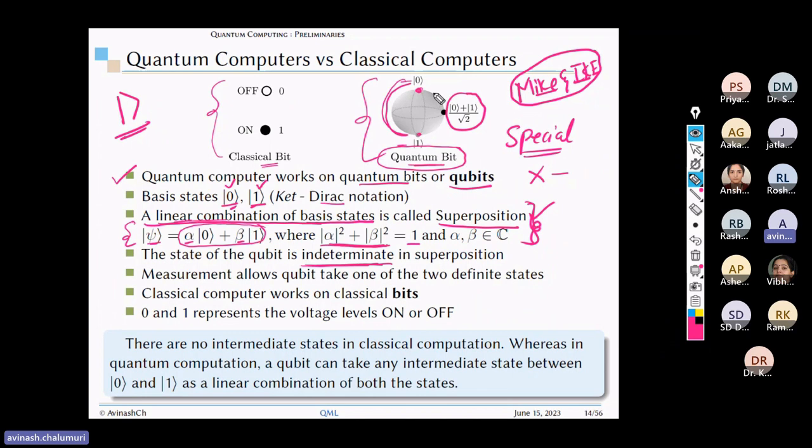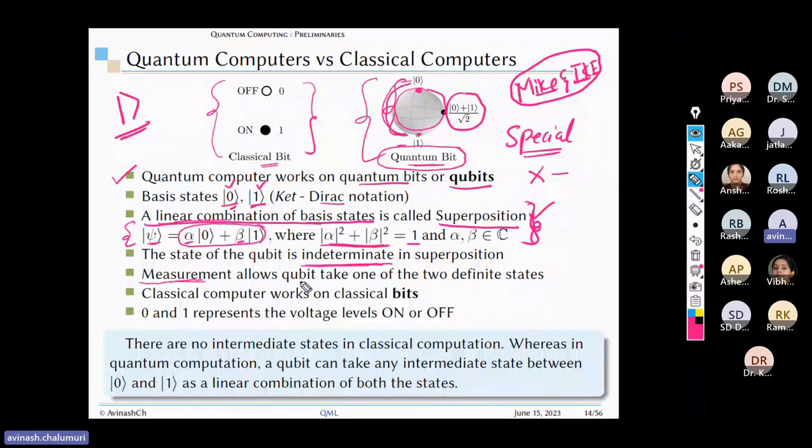Only when we measure this quantum bit will we get some information out of it. So it is not like a classical bit. Whenever we start processing, the quantum bit will be in a superposition of different states at the same time, and in order to get some information out of it, we need to measure it.